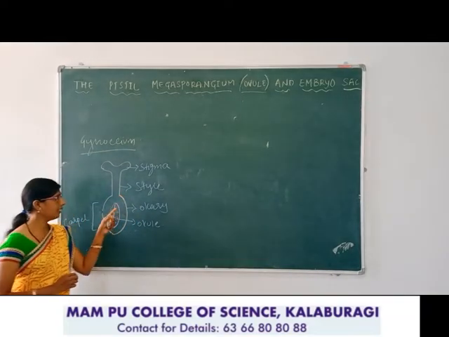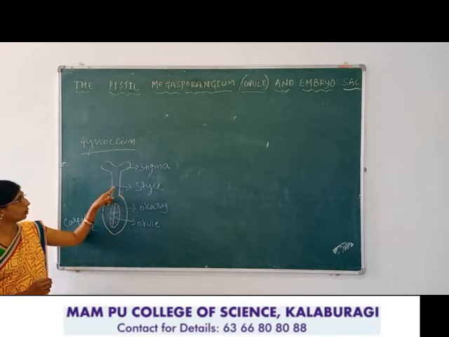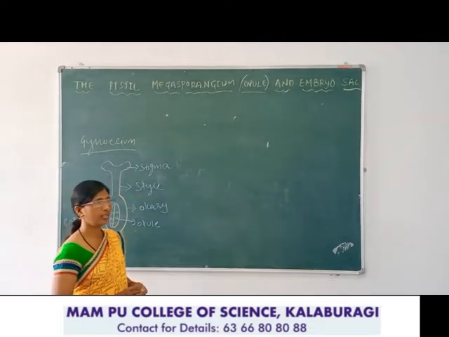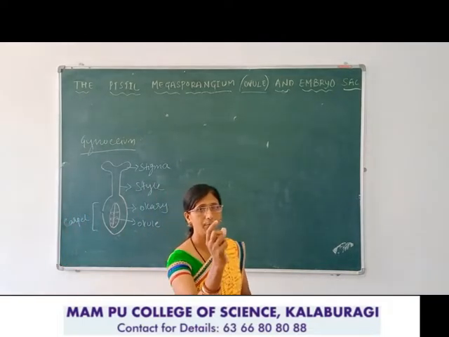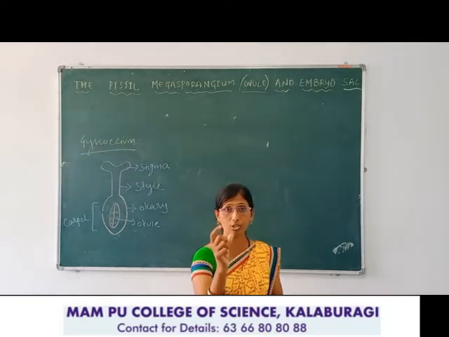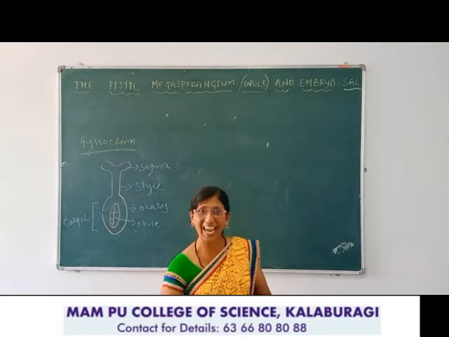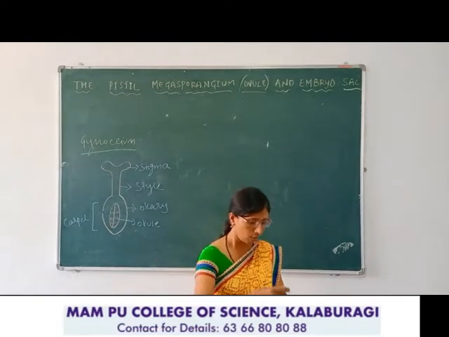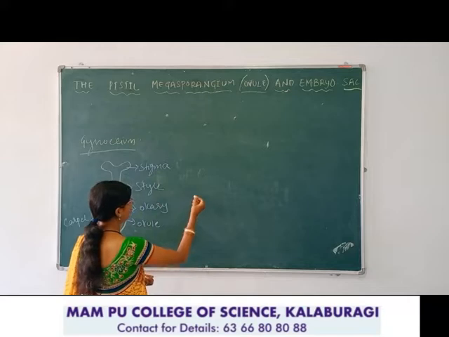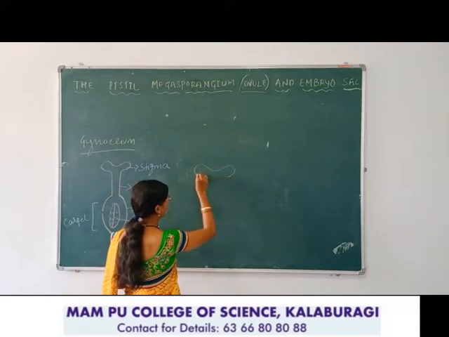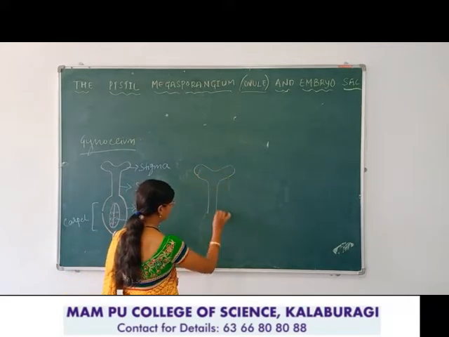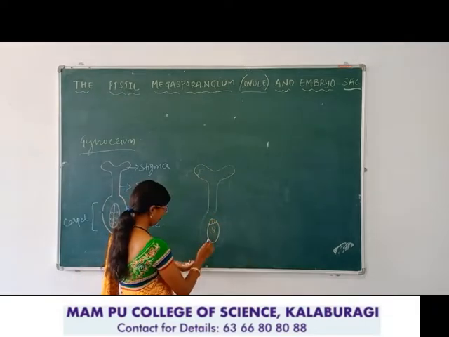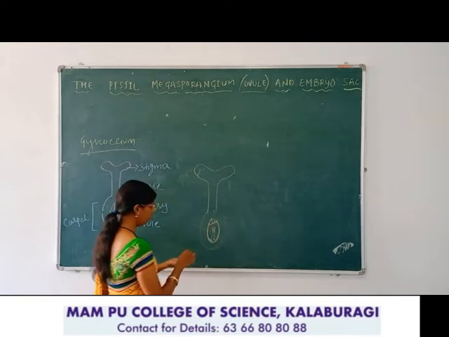Above the ovary, at the tip of the ovary, there is a long slender part called the style. What is the function of the style? In the exine there are pores, the germ pores, where the pollen tube emerges. This pollen tube passes through the style. For example, this is the ovary and this is the ovule.